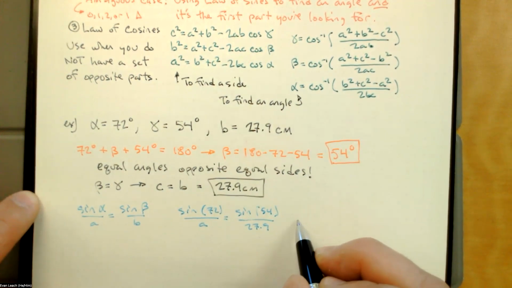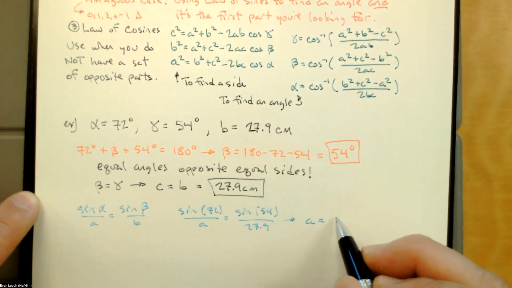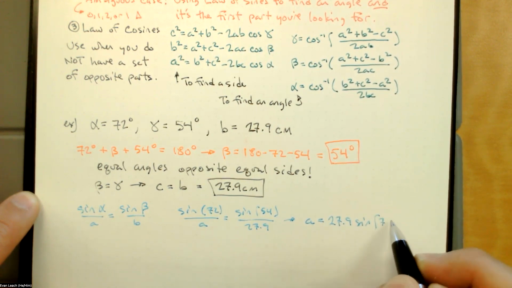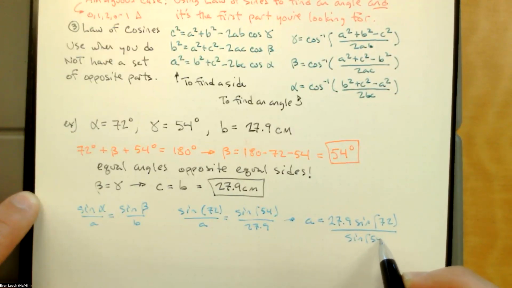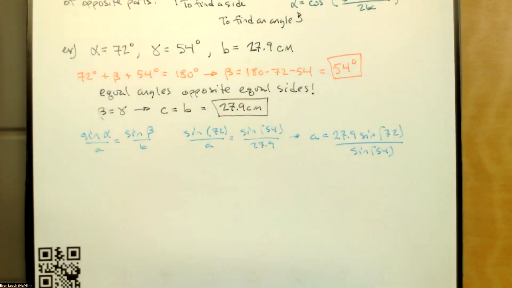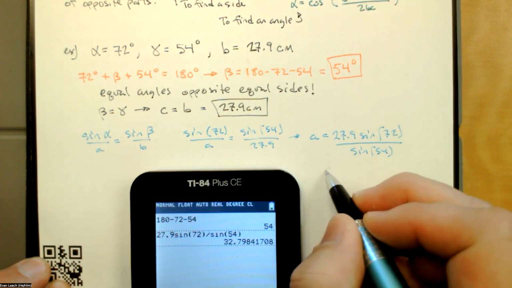That means that A is 27.9 times the sine of 72 divided by the sine of 54. So side A is 32.8, rounded since we're done.